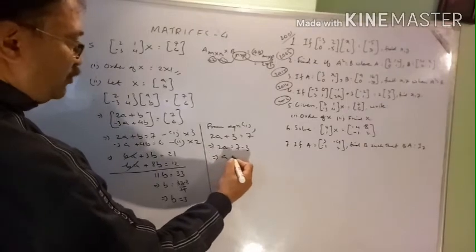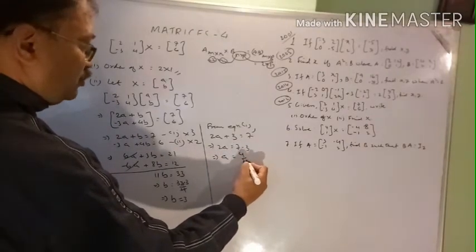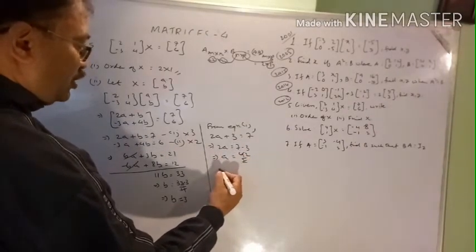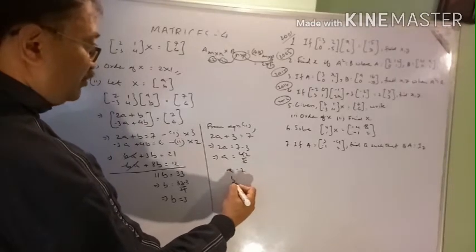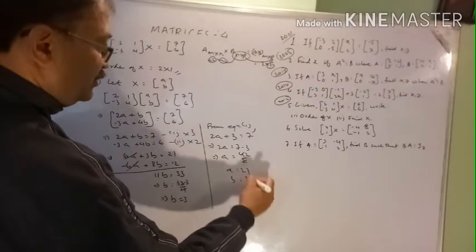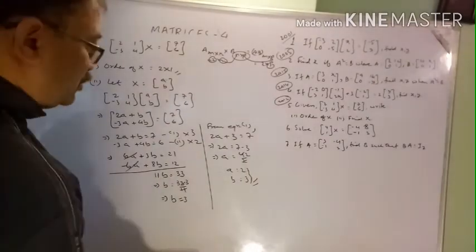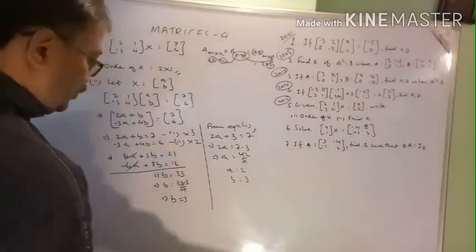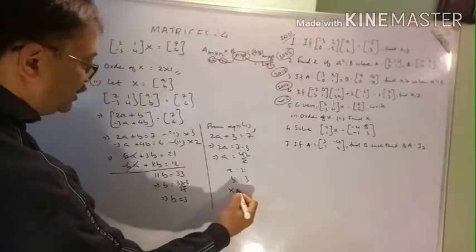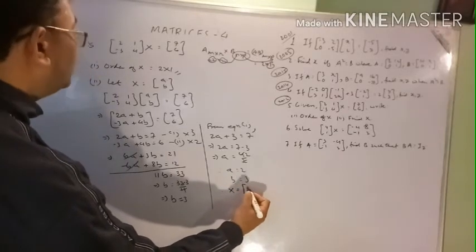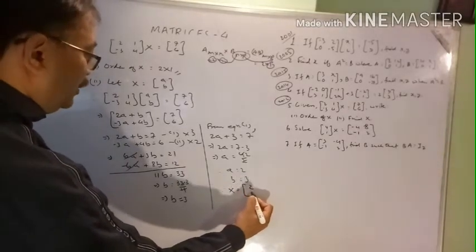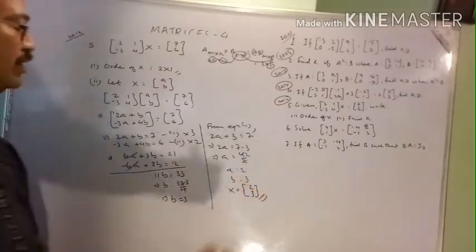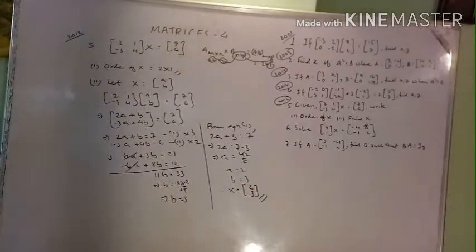So A equal to 7 minus 3 is 4 by 2, so 2 times. Therefore A is equal to 2 and B is equal to 3 are the values of A and B. Actually we have to find matrix X. So we write therefore X has elements A is 2 and this is 3. So this is the required matrix X.